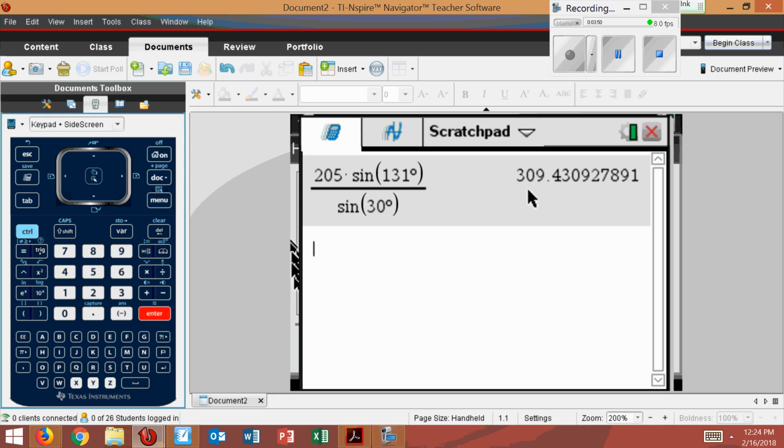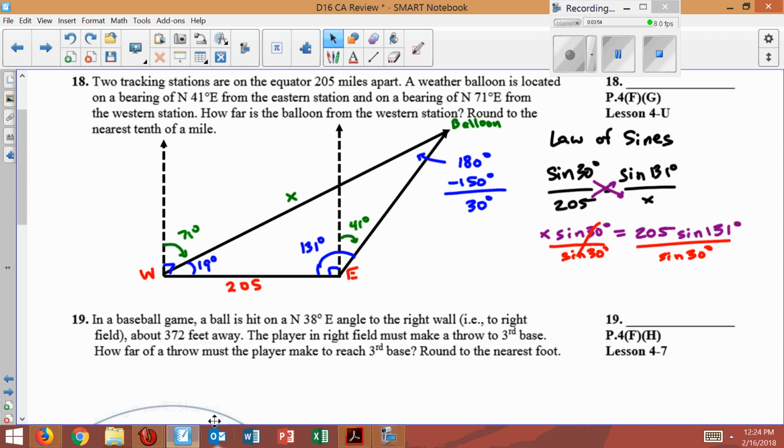And we get 309.43. So here we have that x is equal to 309.43, and our unit is in miles. And that would be our answer.